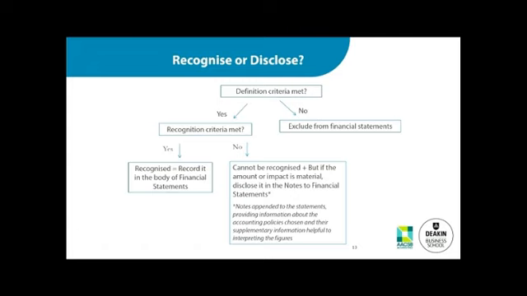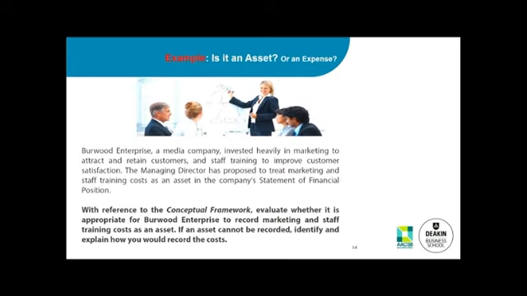If not, that means the item satisfies all definition criteria but not recognition criteria. In such a situation, if the transaction is material or significant, then we might need to report it as an important or material item in the notes attached to our financial statement.